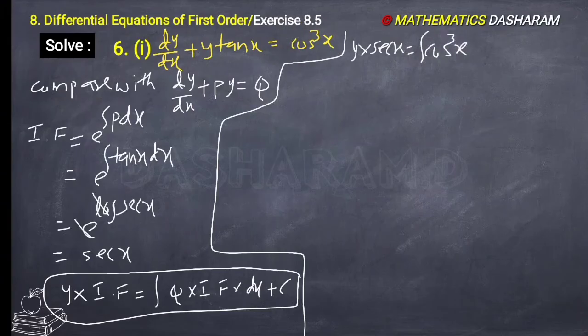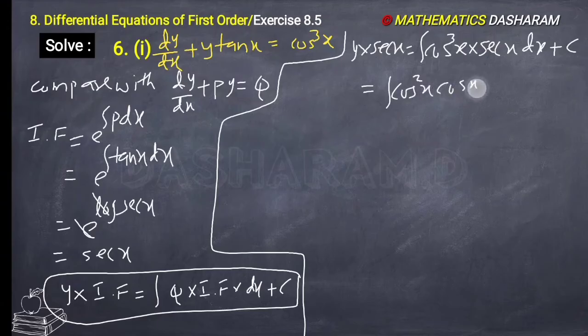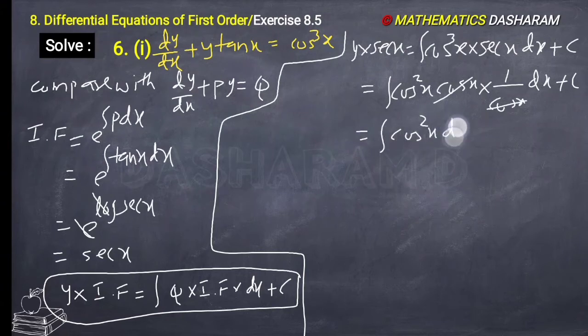So cos cube x into sec x dx plus c. So then it is equals to, cos cube x can be written as cos square x into cos x, and sec x can be written as 1 by cos x, dx plus c. Cos x cancel, so integration cos square x dx plus c.